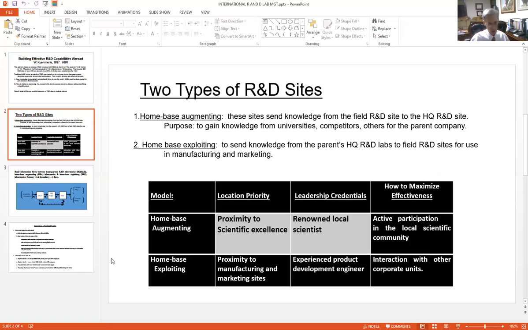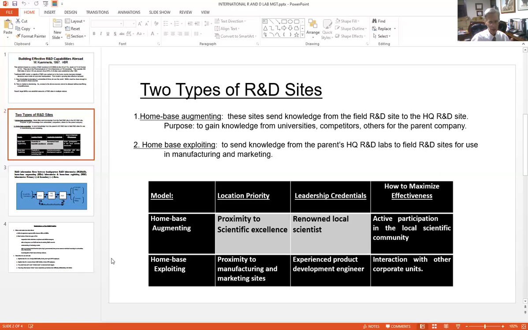In this case, it's the reverse. There may be manufacturing sites, depending upon the type of industry. There may be heavy marketing sites that need the support of engineers and applied research to develop the variations of the product that meet the customer's needs most specifically and most productively.